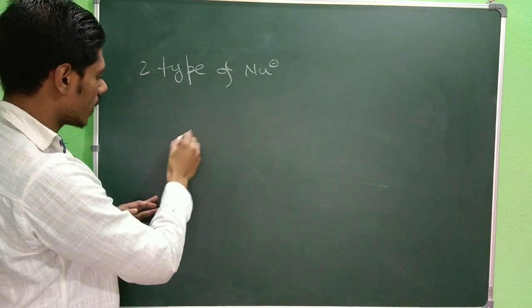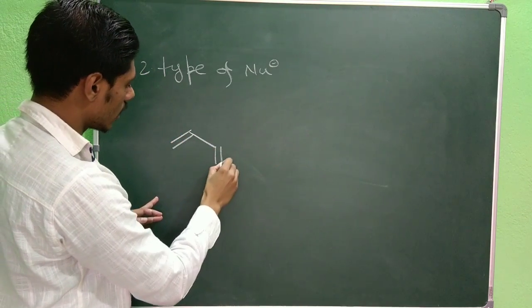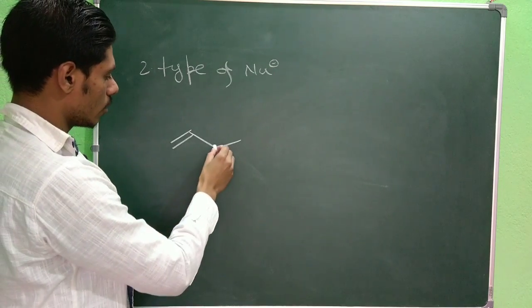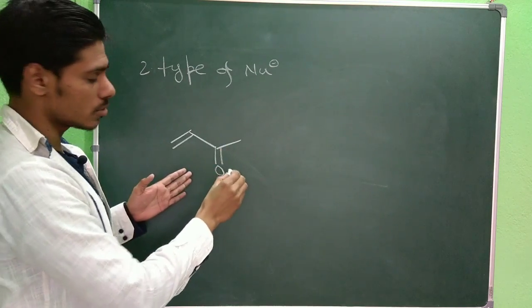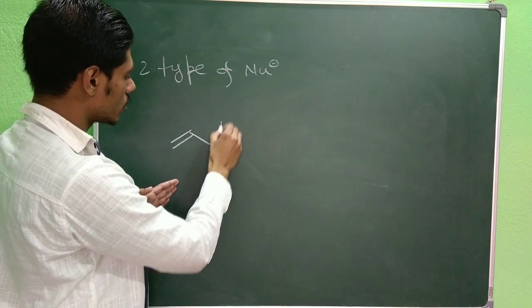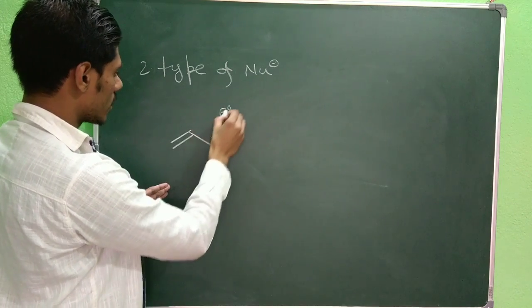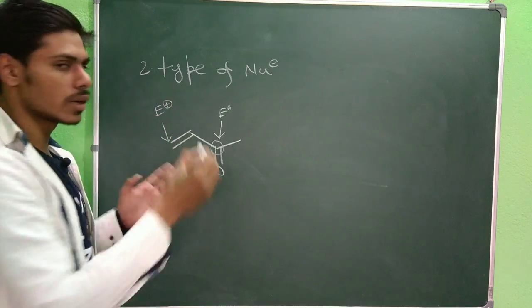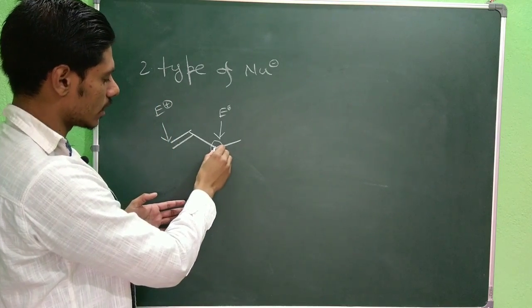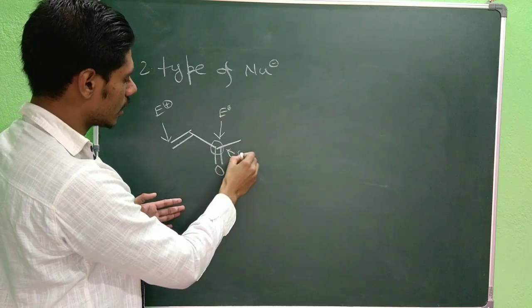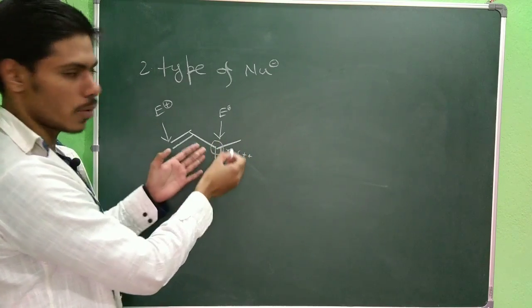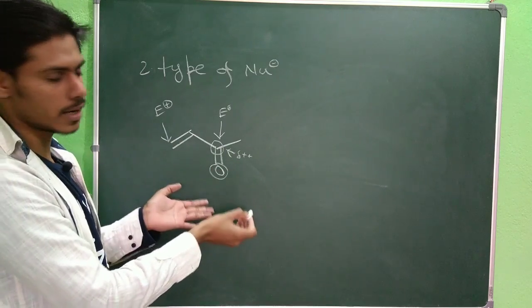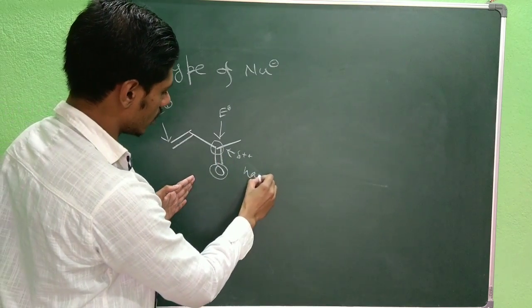Again, for that you have to look at the structure of the alpha beta unsaturated carbonyl compound, and you can see this is one electrophilic center, whereas this is another electrophilic center, and their nature is totally different. This electrophilic center has high delta plus charge, so it is highly positively charged because of the presence of this electronegative oxygen atom, right? So it is a hard center.